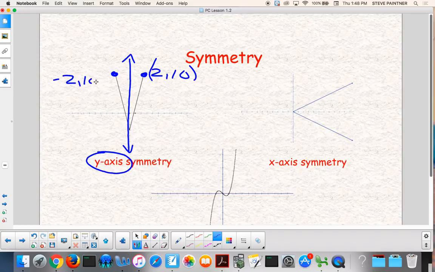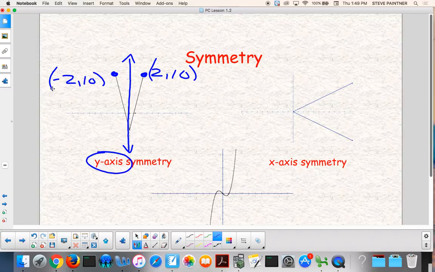Negative 2 comma 10. Yep. That's what's nice. You get a freebie. Now when it's over the y-axis, what do you notice about the ordered pairs? Look at the ordered pairs. 2, 10 and negative 2, 10. Only the x. The x's are opposite. When you reflect over y, the x's are opposite.